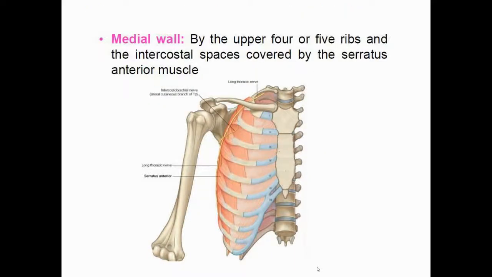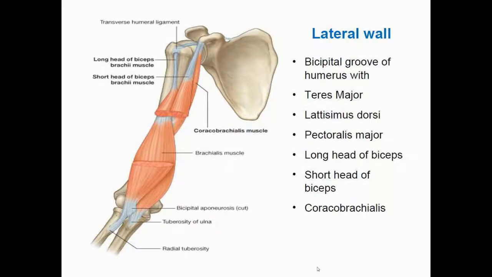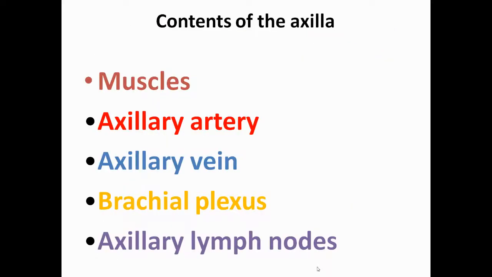The medial wall is formed by the upper four or five ribs, and the intercostal spaces covered by the serratus anterior muscle. The lateral wall is also formed by the bicipital groove of the humerus with teres major muscle, latissimus dorsi, and pectoralis major, and the long head of the biceps, short head of the biceps, and coracobrachialis muscles.